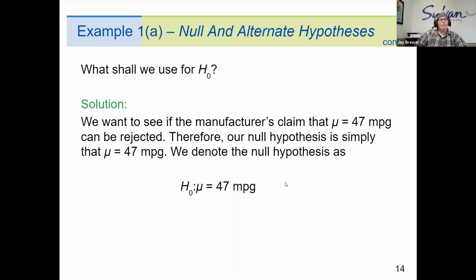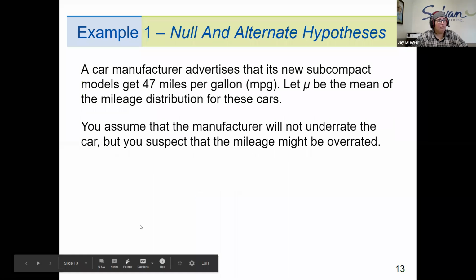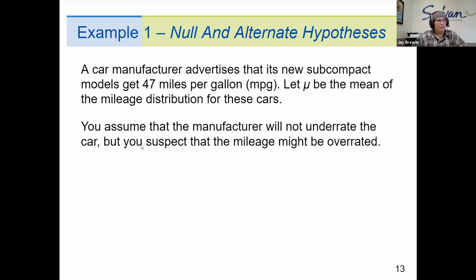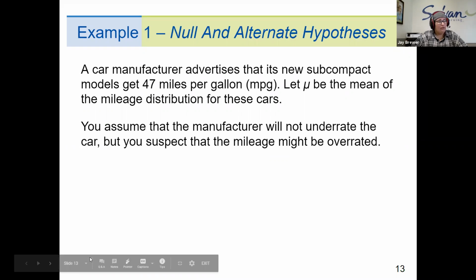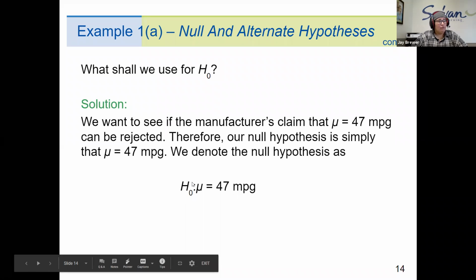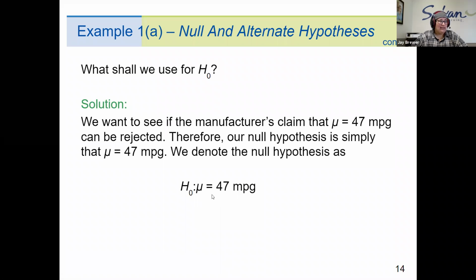Here's what's going to help you with your alternate. Do you see here how it says, but you suspect that the mileage might be overrated? That means that when you do your alternate, you would have mu less than 47 miles per gallon.